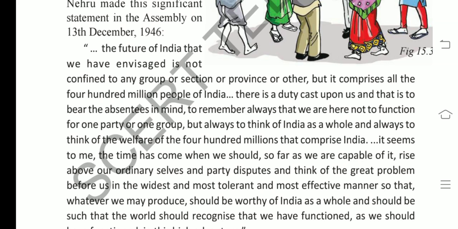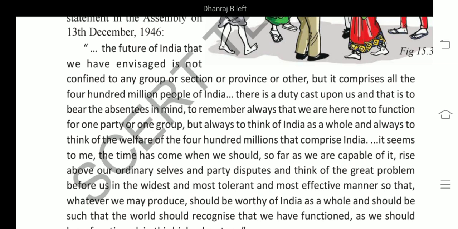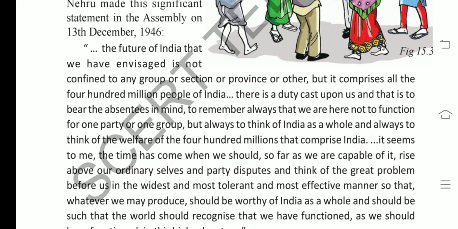At that time, our population in India was 400 million people. So whatever is produced by the Constituent Assembly should benefit the 400 million people of India.